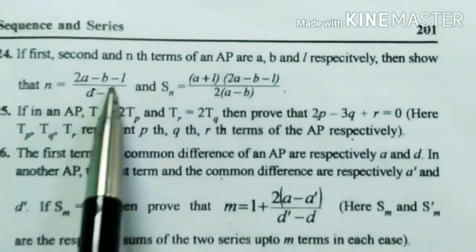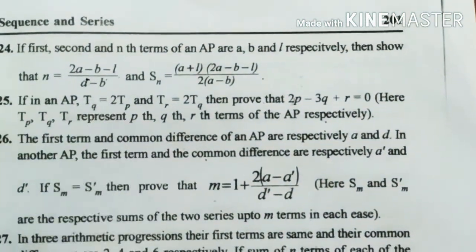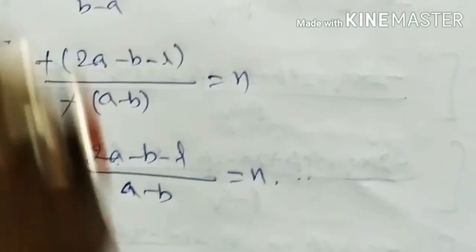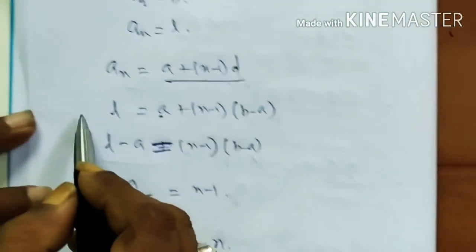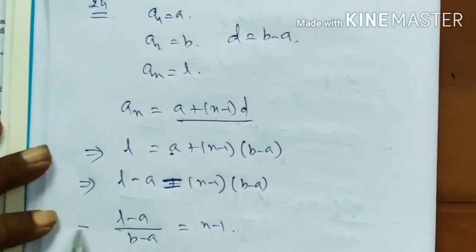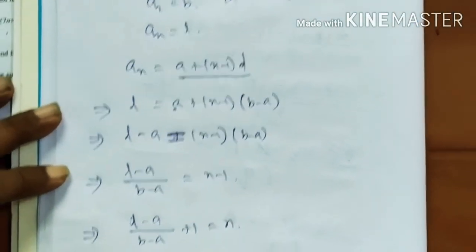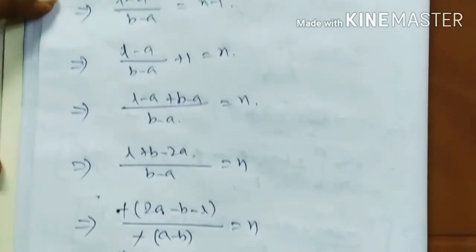Here you can see we have to get n is equal to (2A minus B minus L) by (A minus B). So (2A minus B minus L) by (A minus B). Here I have to write implies that.